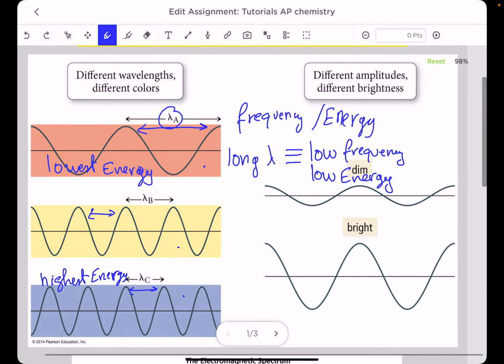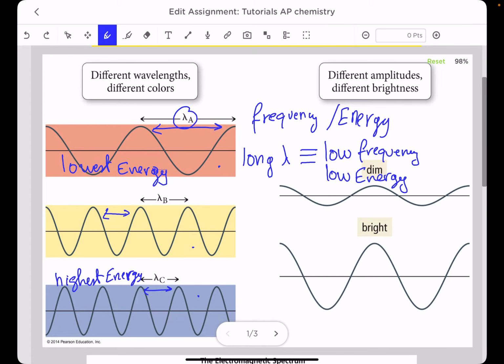Also, when we speak about waves and about light, we talk about amplitudes. Amplitude is how high the crest of a wave is, and this is called amplitude.